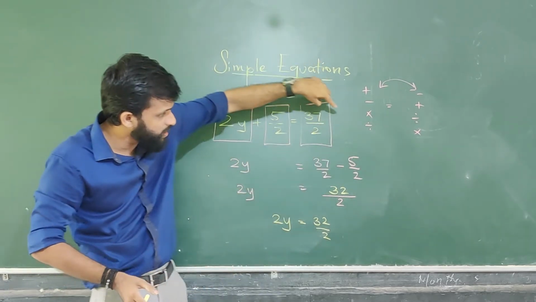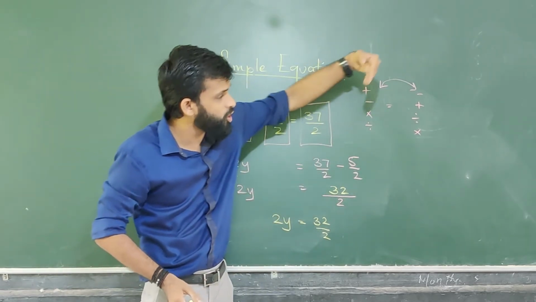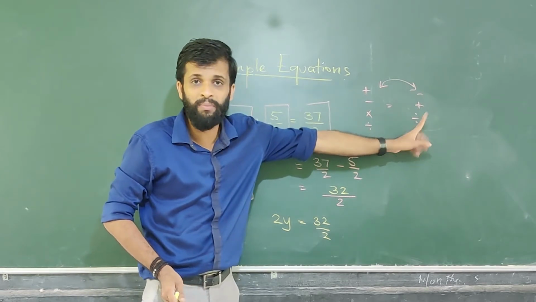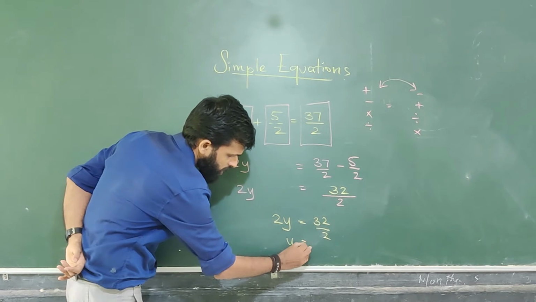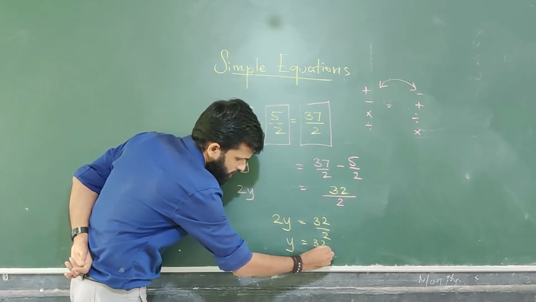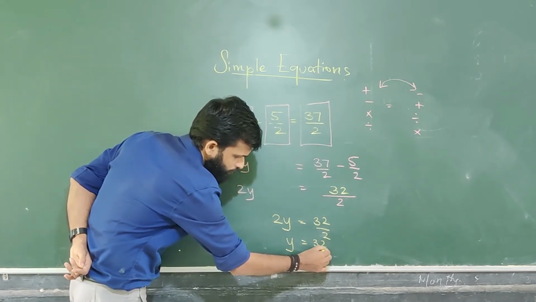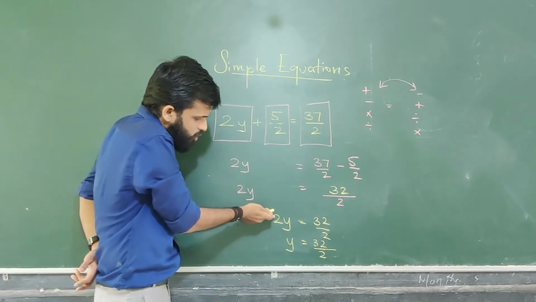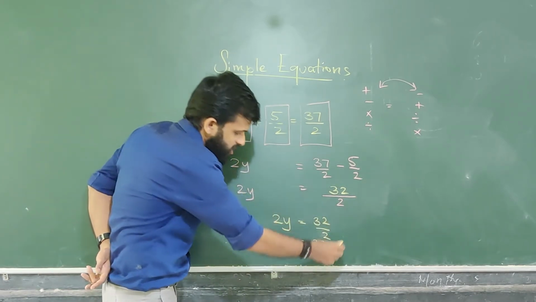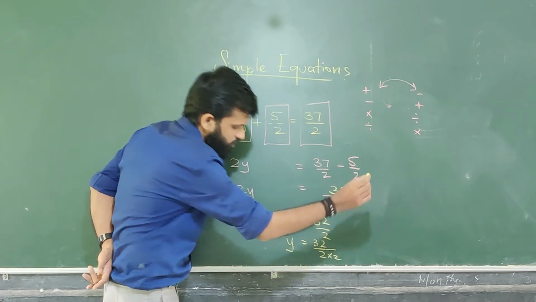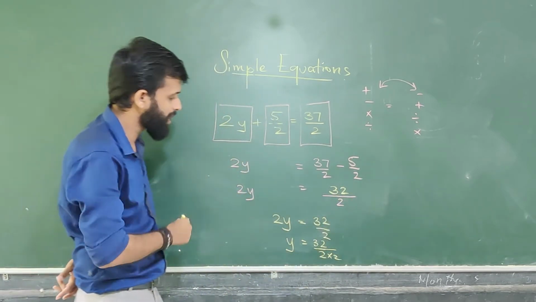Something that is multiplied, when it goes to the other side of equal to, becomes divided. So this will become y is equal to 32 upon 2, and the 2 which is in multiplied form on the left hand side becomes division on the other side.